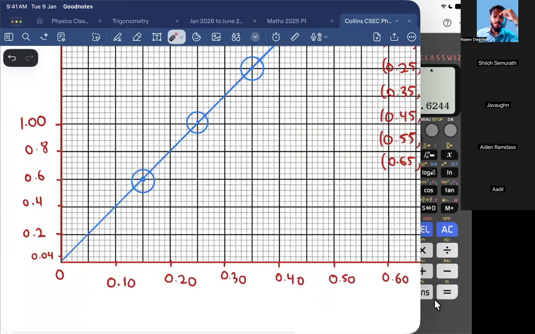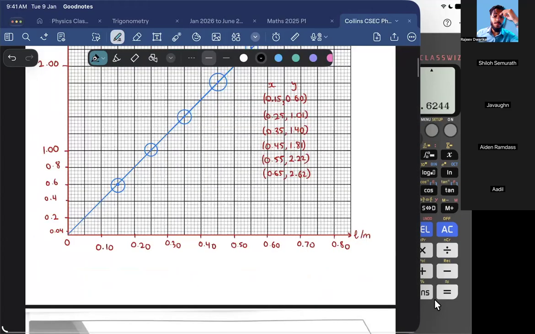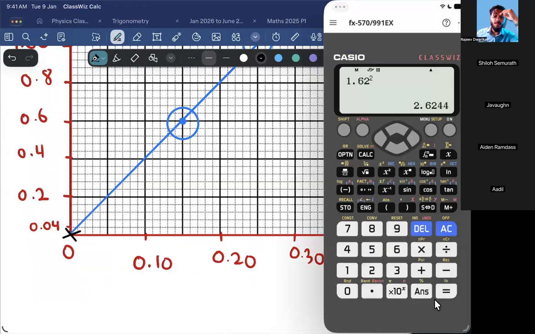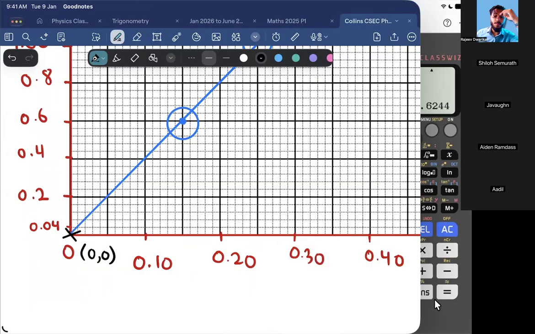Alright, so my first point is what? What is the easiest point I could pick for these types of graphs? I wanted to pick another point.